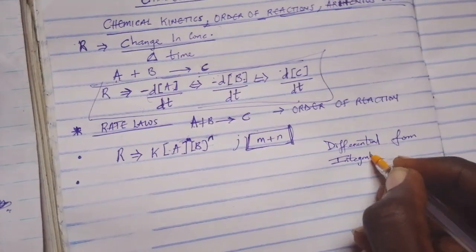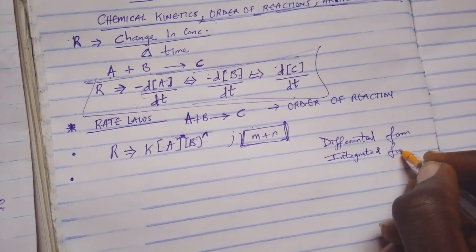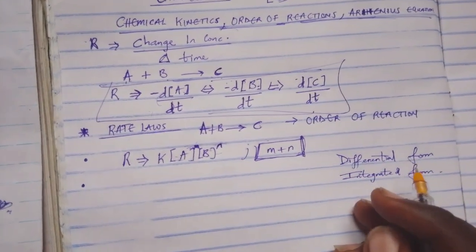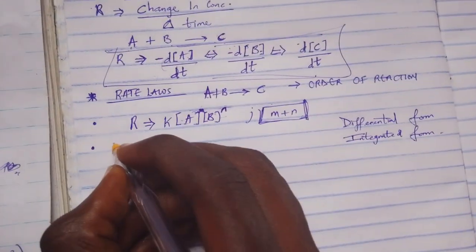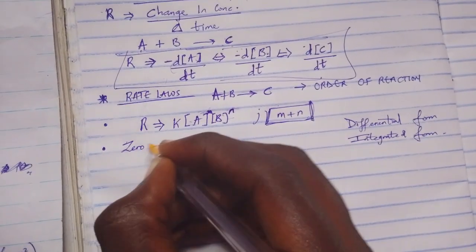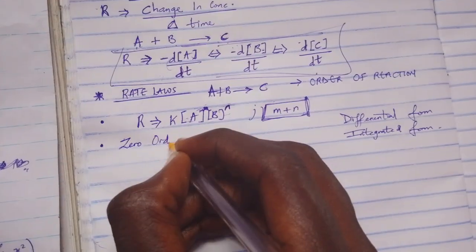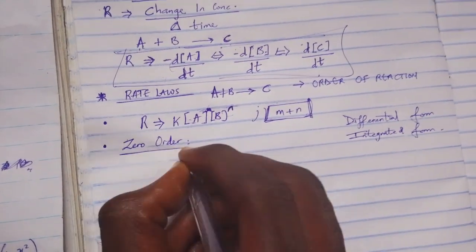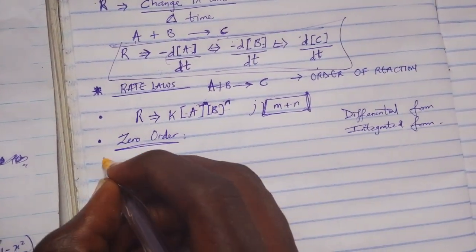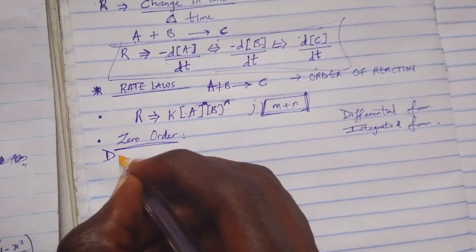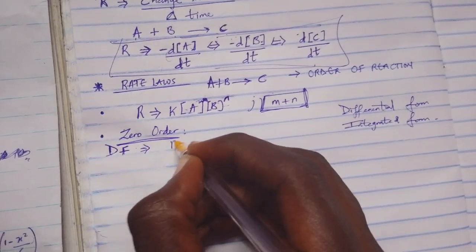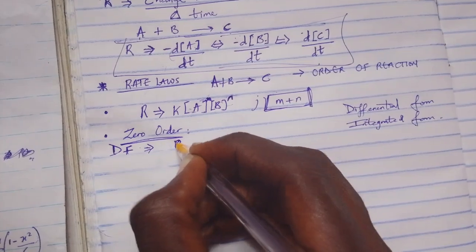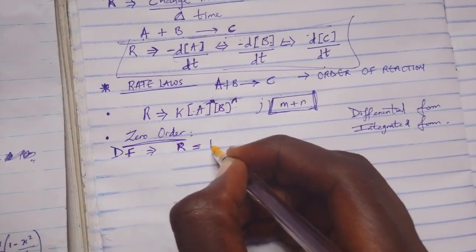Both are very important, but mostly they do ask questions under the integrated form. So now, basically for the zero order, the differential form is R equals k.